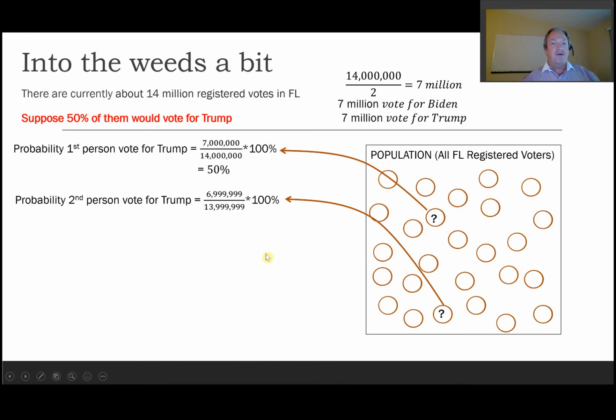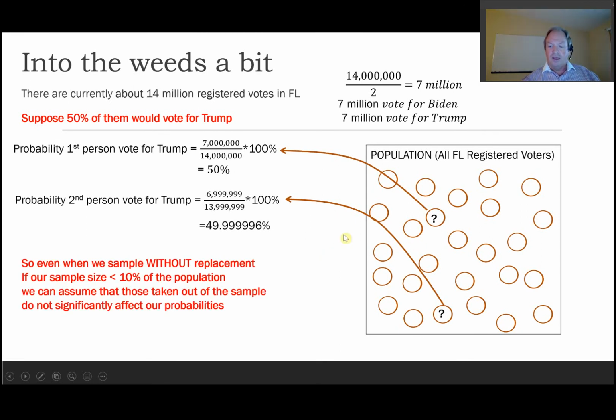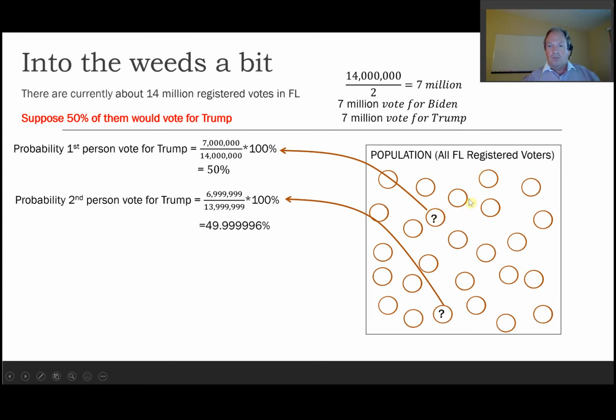So I don't have 50% exactly, but when I compute that number, it's so close to 50% that we essentially say it's 50%. So this sort of sampling scheme is called sampling without replacement. In other words, when we got our response from the first voter, we didn't put him back in the population. We kept them out. And the question is, how long can we get away with doing this?